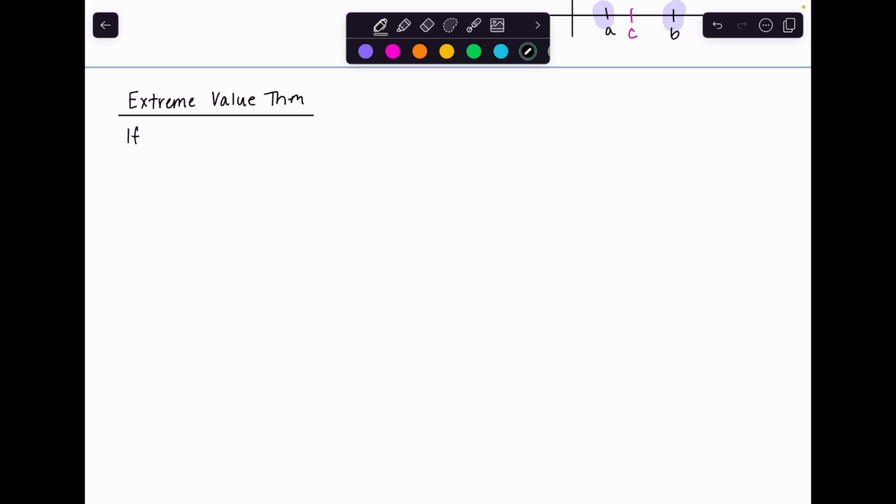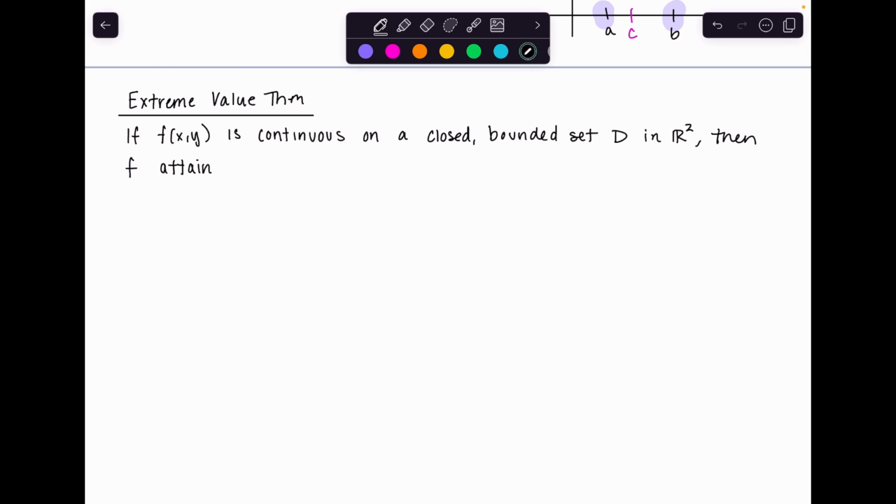It states if our function of 2 variables is continuous on a closed bounded set D in R2, then f attains an absolute max and absolute min inside or on D. Okay.